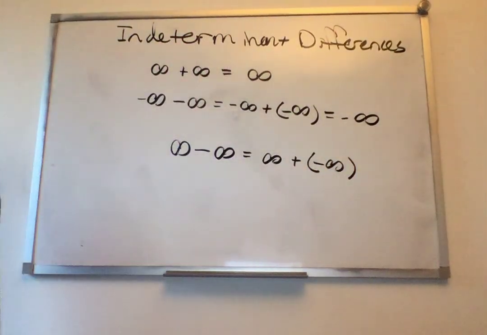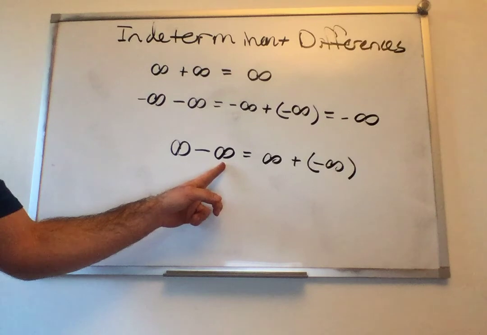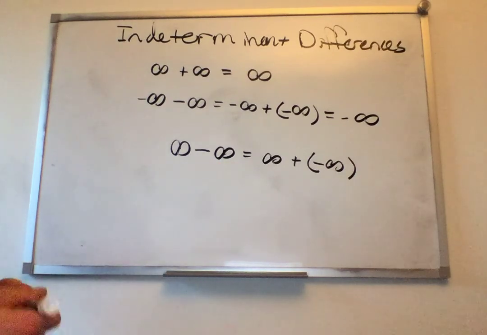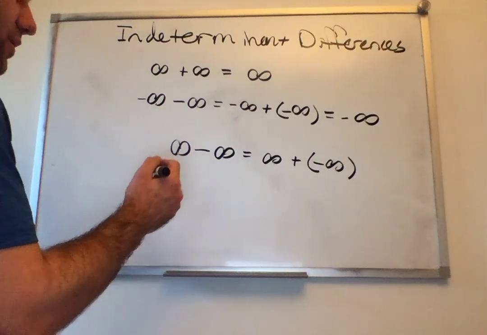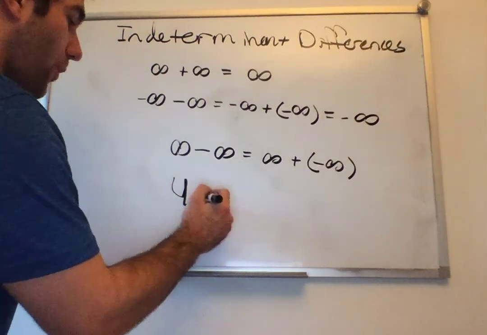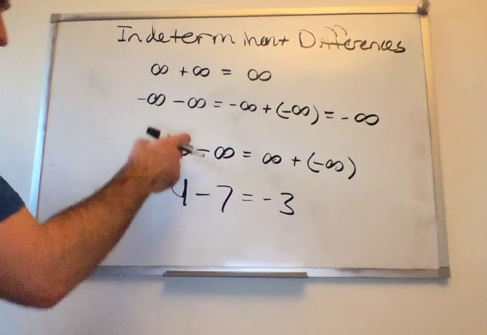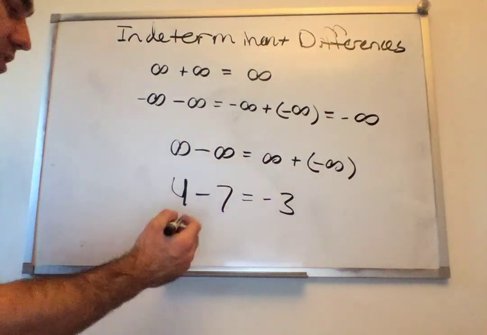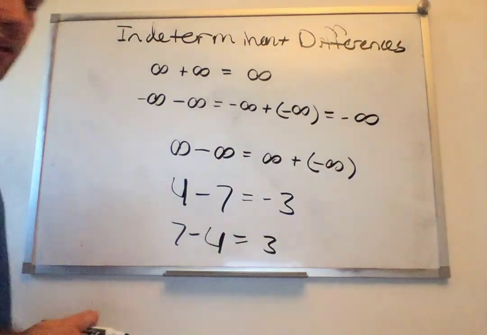Indeterminate differences. Which infinity is bigger? Is this infinity bigger, or is this infinity bigger? It definitely matters, because if you think how you add negative numbers or how you subtract numbers, well, 4 minus 7 is equal to negative 3, so this one was smaller and this one was bigger. 7 minus 4 is equal to 3.